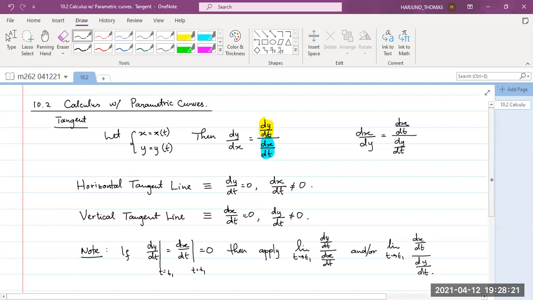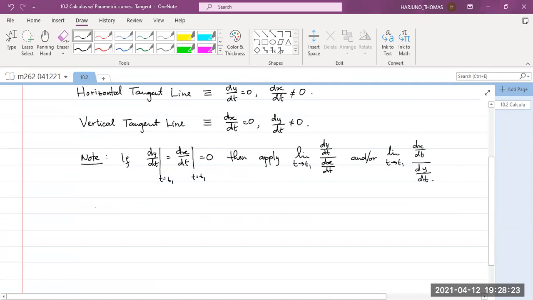Now, how about the second derivative? The second derivative is the derivative with respect to x of dy dx.